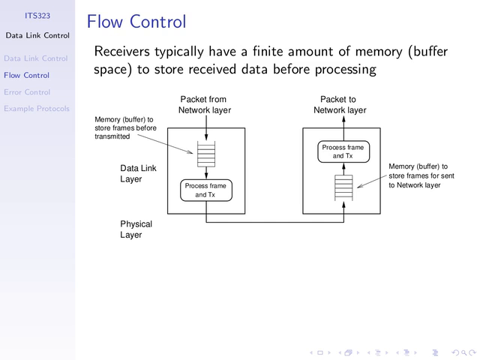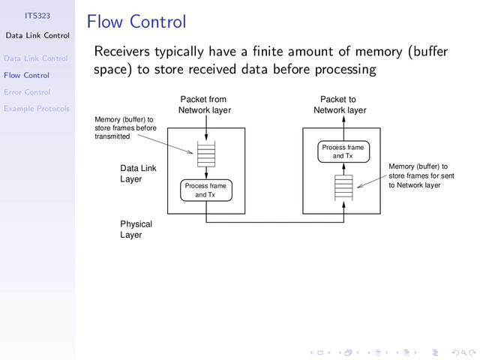Of course, the memory we have allocated here is limited in size. It's not infinite. So we may have a problem, especially if the processing of the frame and sending to the network layer at the receiver is much slower than the rate at which the source can transmit.